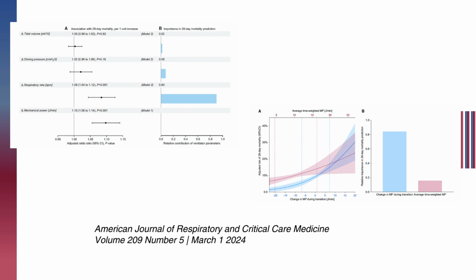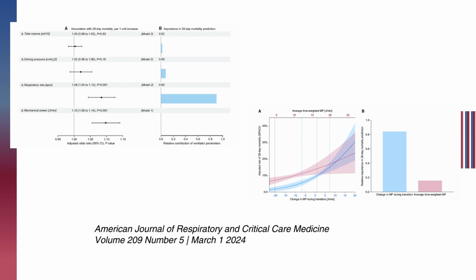Okay, and this was the blue, which was the change in mechanical power in that transition from being in theater to ICU. And what was quite interesting was that when they looked at all the changes that were made to the ventilator, the one that was associated with the most impact in terms of increasing mechanical power, but also potentially worsening outcome, was the increase in respiratory rate.